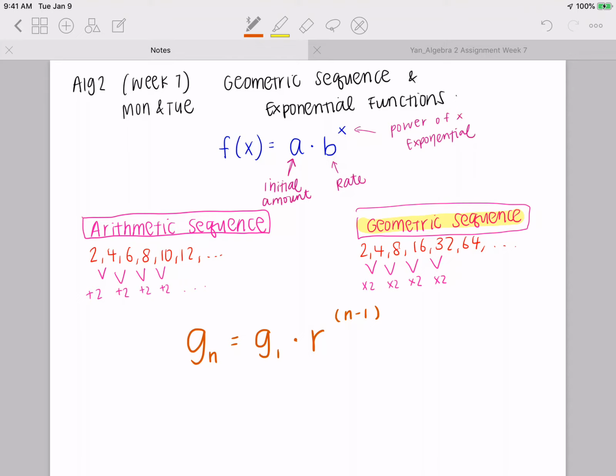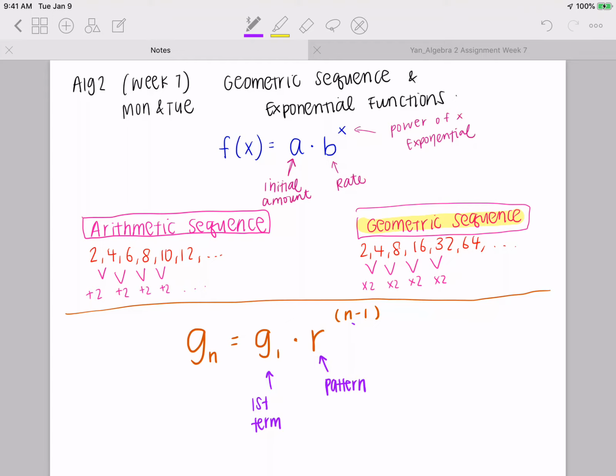Okay, this is a formula to write any geometric sequence. G sub 1, this one right here, is usually referring to the first term. Whatever your first term amount is, that's G sub 1. Okay, r, kind of like rates, it's your pattern. What do we keep multiplying with? That number would go there.